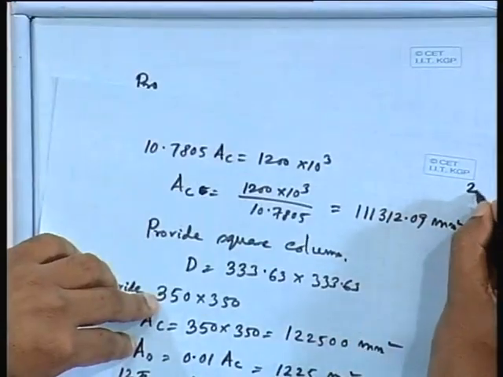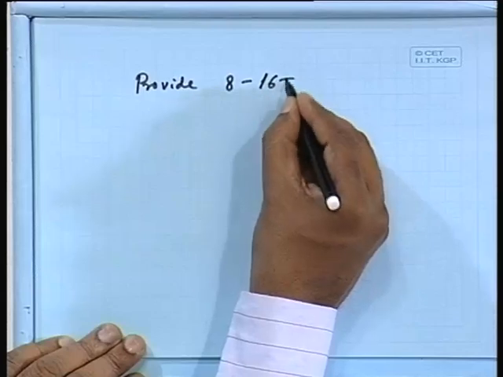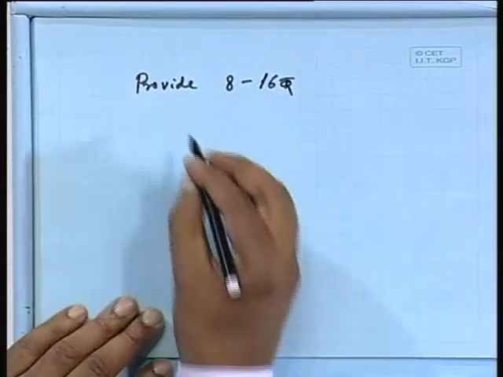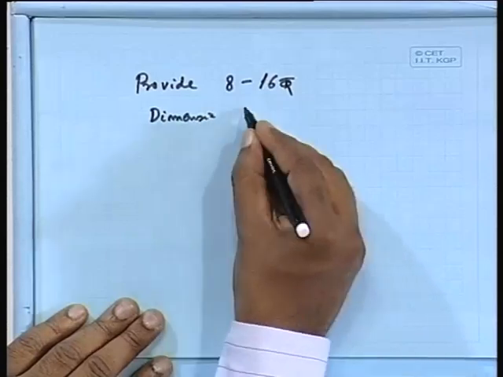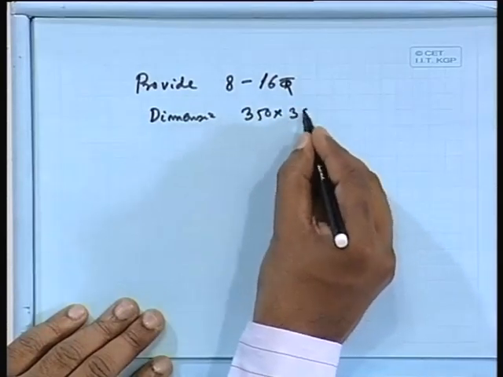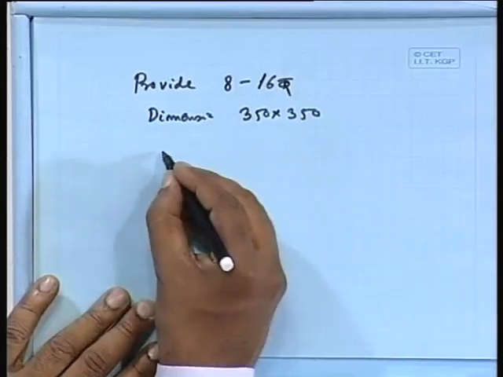Let us provide 16 torr, dimension 350 by 350.